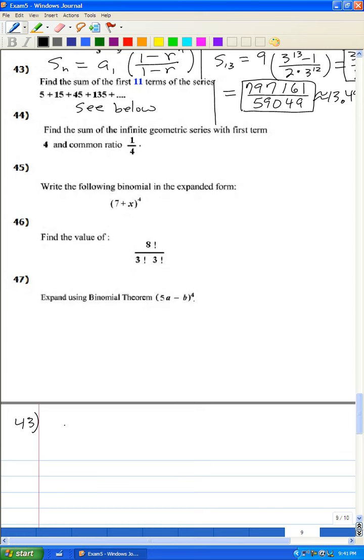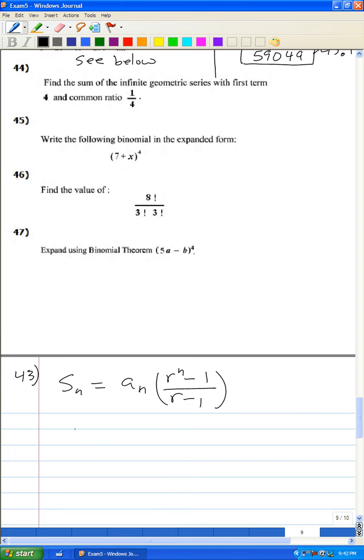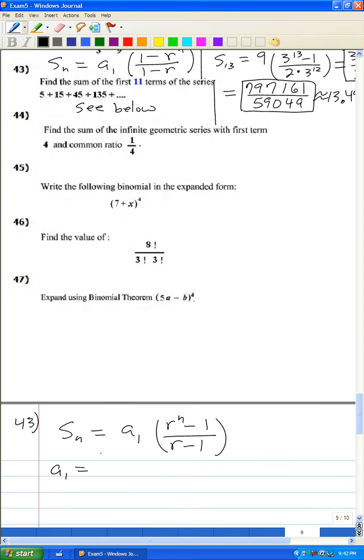Okay, so in this case, the sum of the first n terms will be this formula, so long as, of course, r is not equal to 1. In this case, a sub 1 is 5.